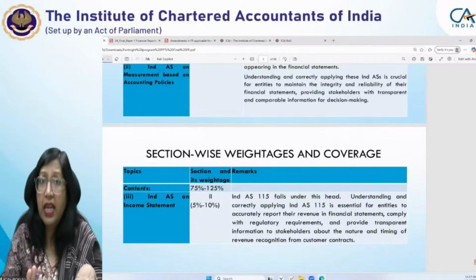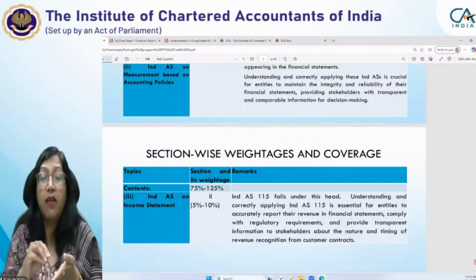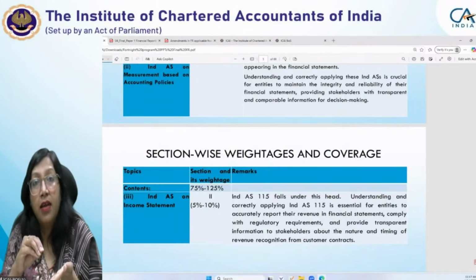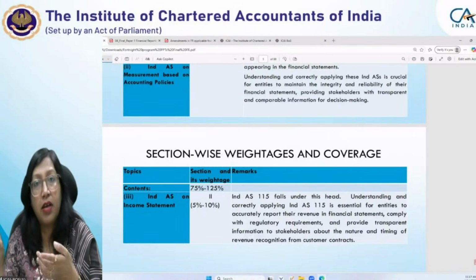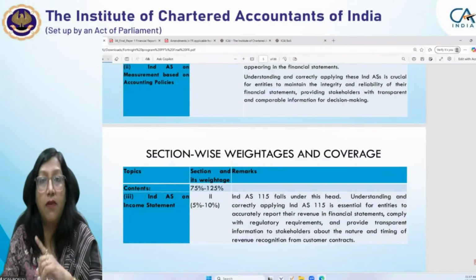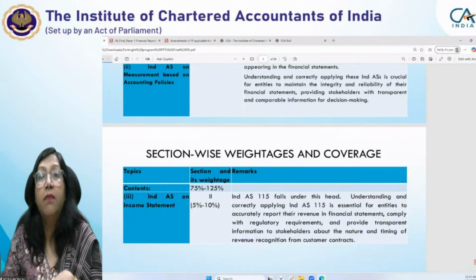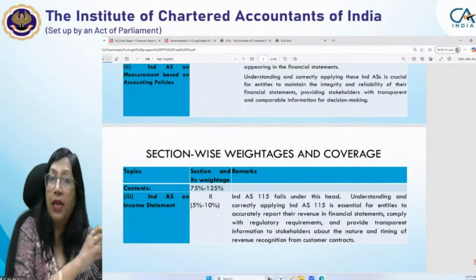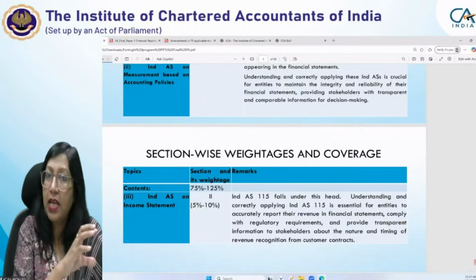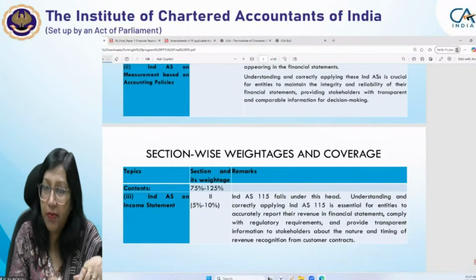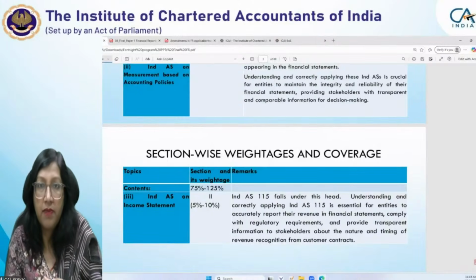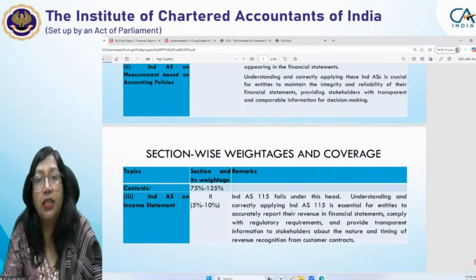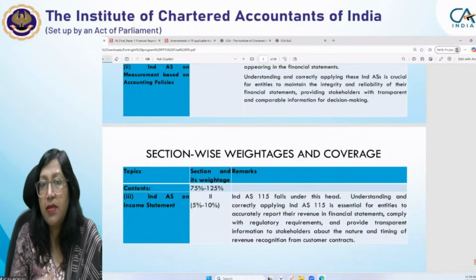Still, in case you find preparing consolidated financial statements difficult, at least prepare those units on accounting for associates and joint ventures, because they will help you get marks in your objective type questions. They are small units with a separate concept, so you can at least do that. Instead of leaving the entire chapter, you can at least prepare some of the units.